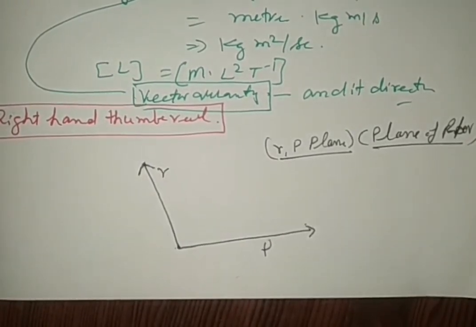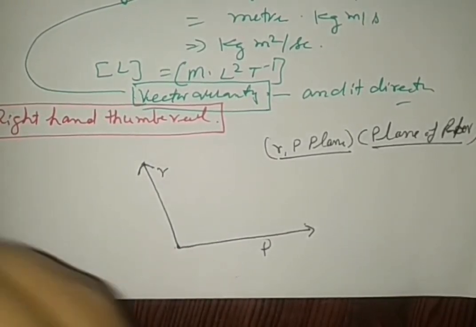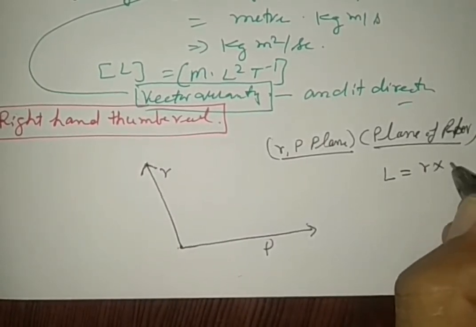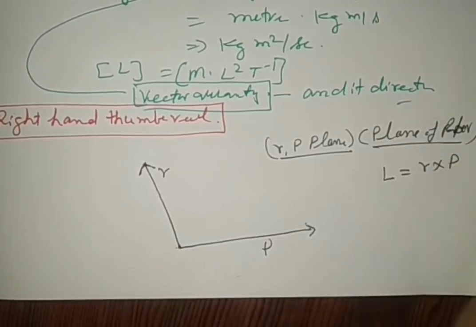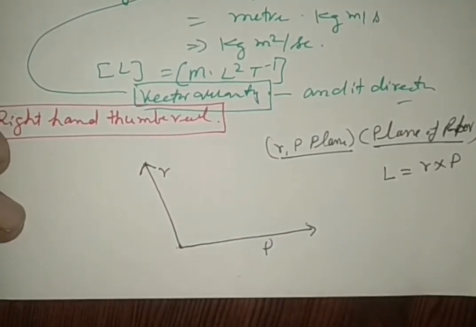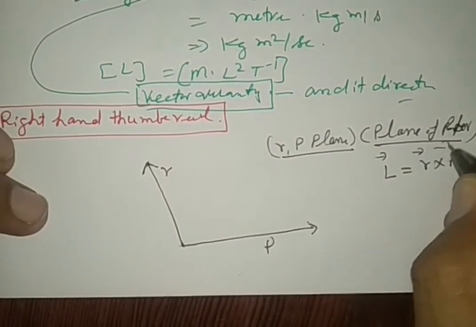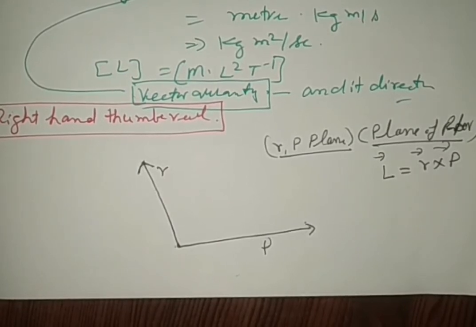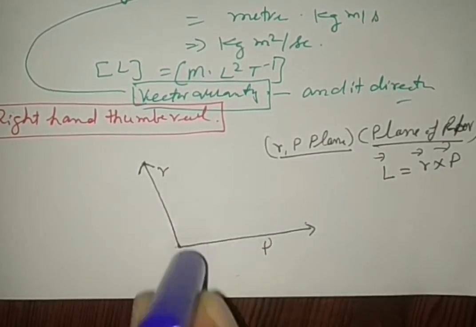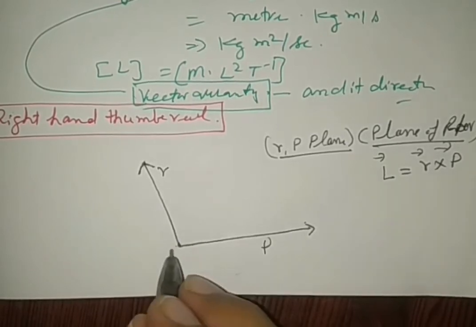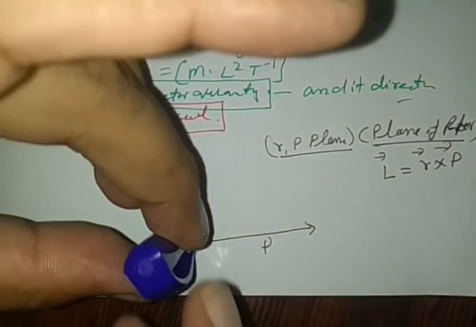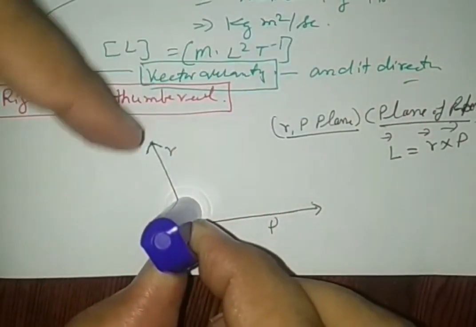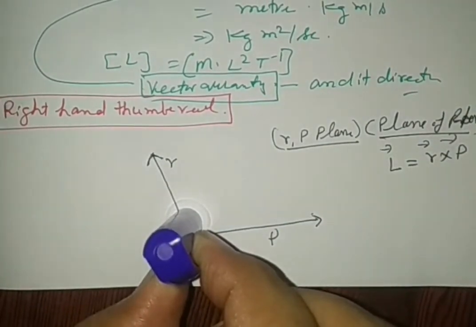Now, since the formula is angular momentum L is R cross P, here with the vector notation it is required to make R cross P. See the cap of this pen, and one more thing, see the point O here, cap here. The torque is perpendicular to the RP plane in the direction of this point cap.